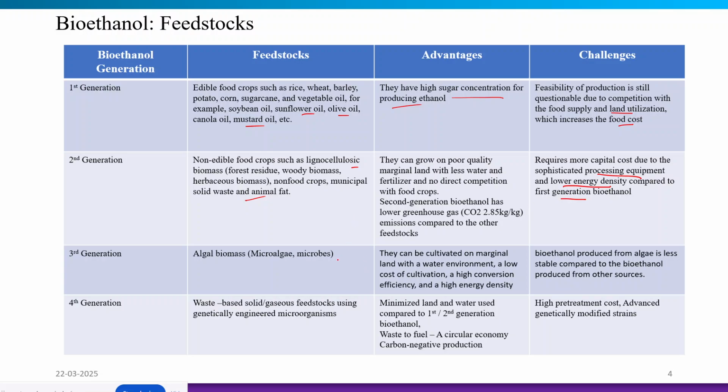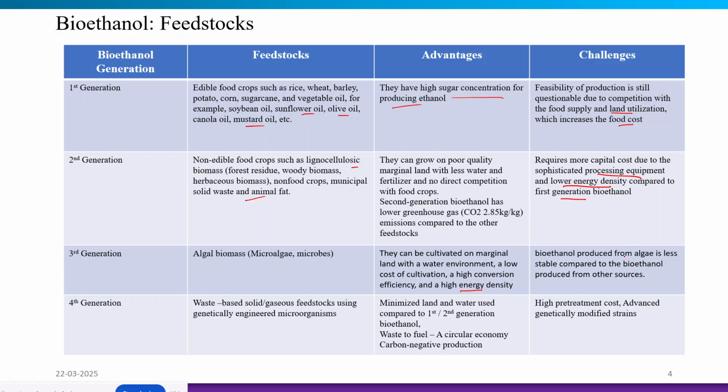Coming to the third generation, we are focusing on the algal biomass. They are cultivated on marginal land with a water environment, and there is low cost of cultivation as well, and there is higher conversion efficiency with higher energy density.